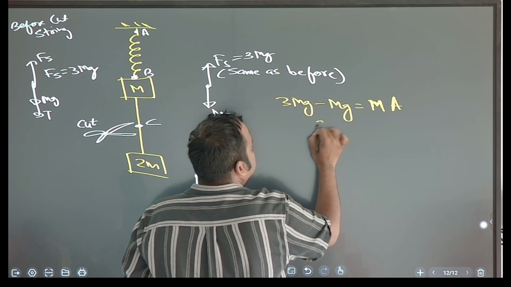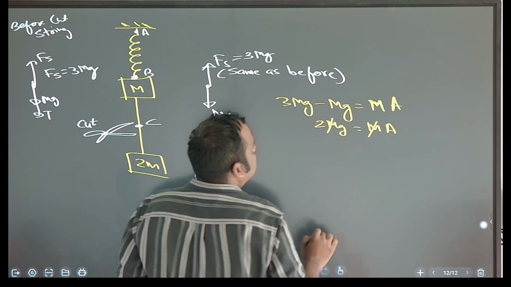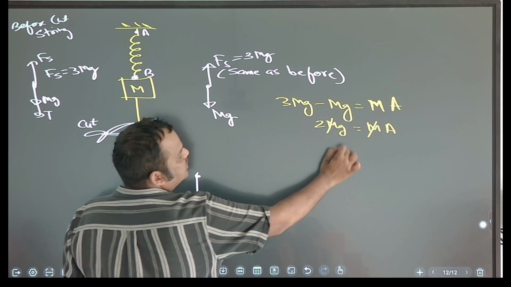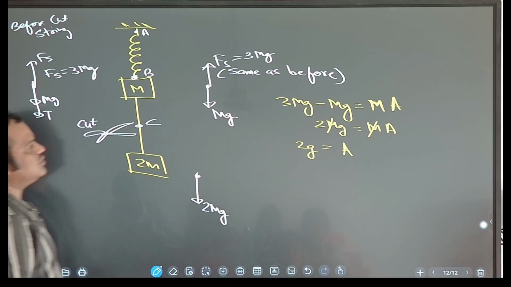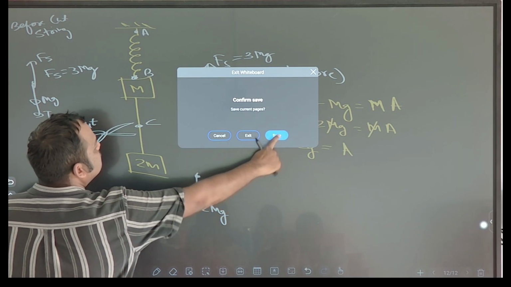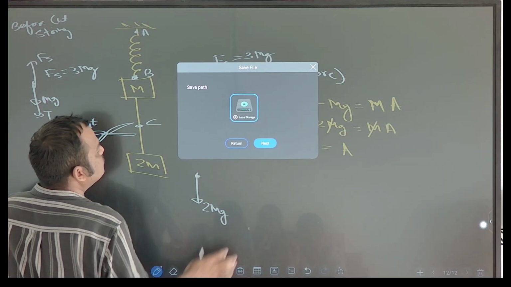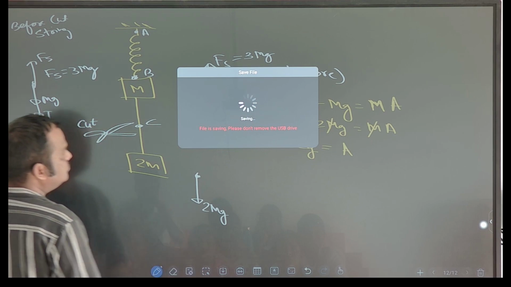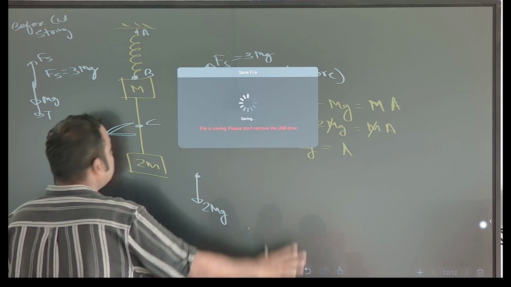So 2 mg is equal to ma. So what is the acceleration value? 2g. And what is the direction of acceleration? Upward, correct? Direction of acceleration is upward.